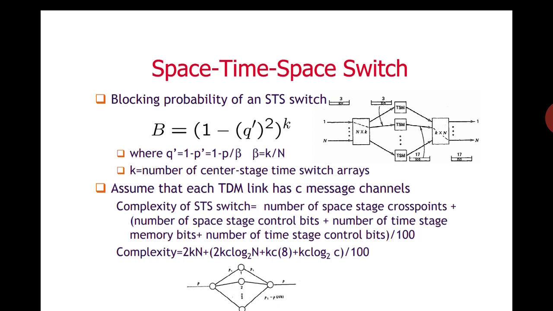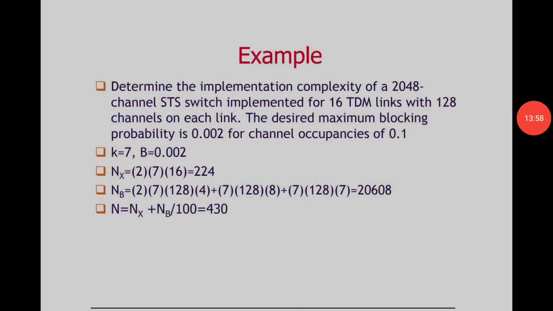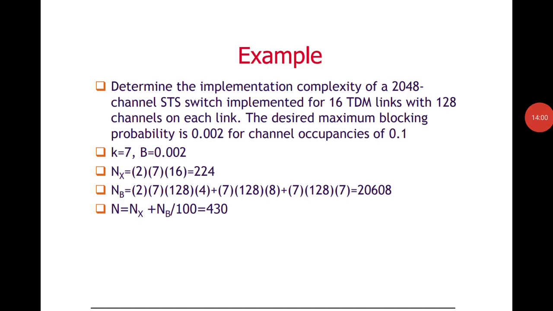So there is an example. In a question, determine the implementation complexity of a 2048 channel STS switch implemented for 16 TDM links with 128 channels on each link. The desired maximum blocking probability is 0.002 for channel occupancies of 0.1.